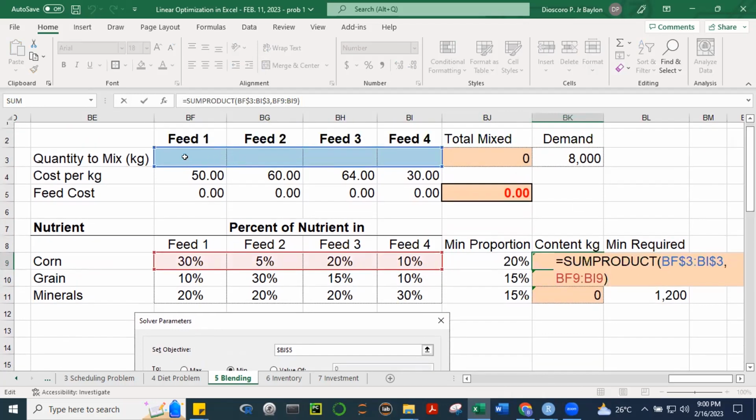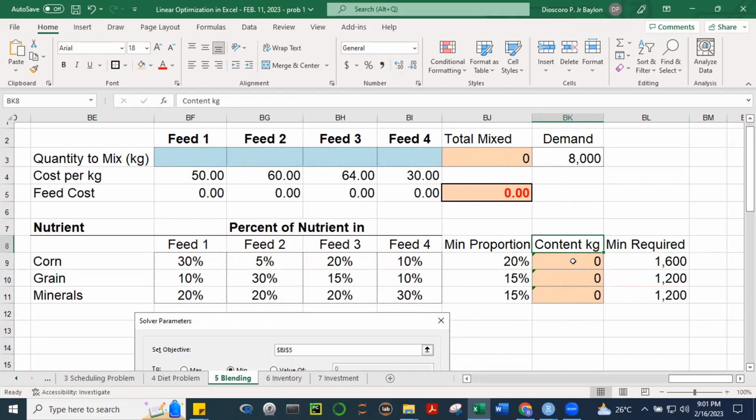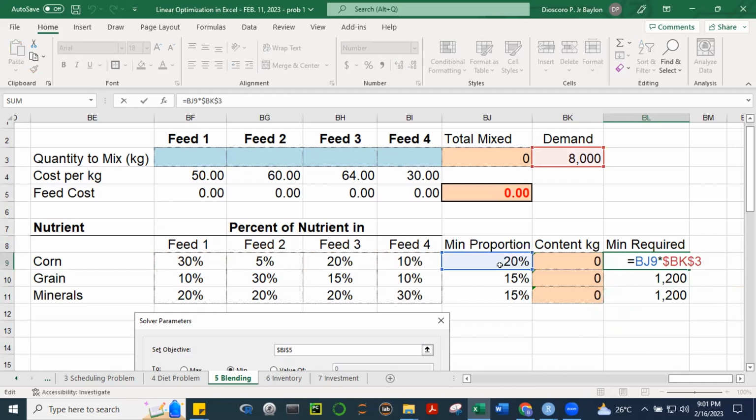I just multiplied the feeds with the percentage to get the corn, and then I copied this down to get the grain and the minerals. So this is our content in kilograms, and the minimum required, how did I get this? It's simply the minimum proportion multiplied by the demand.